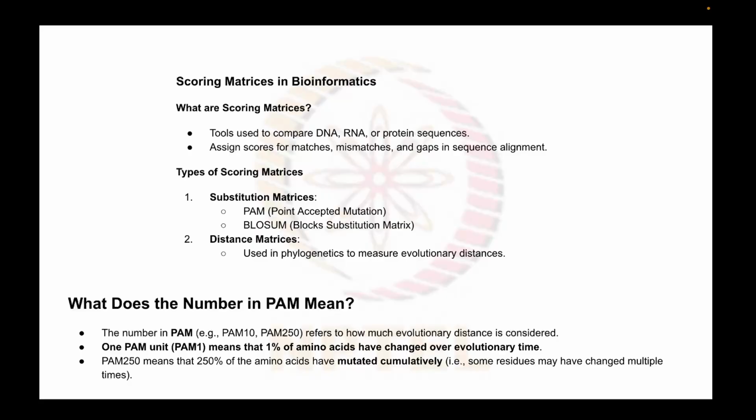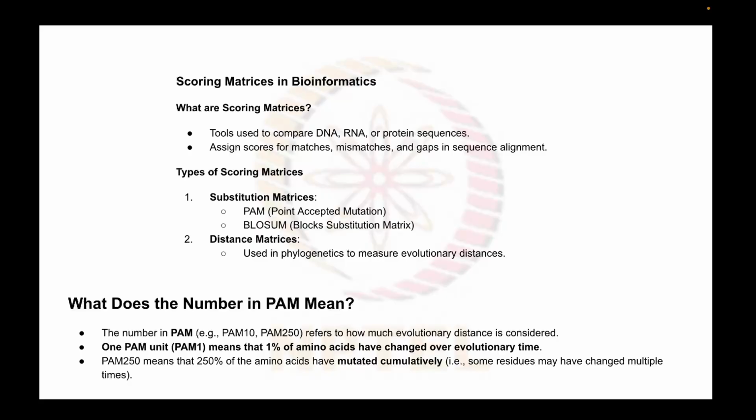Here the PAM number represents evolutionary distance. One PAM unit means 1% of amino acids mutated on average. A higher PAM value corresponds to longer evolutionary divergence. For example, PAM 250 means that on average each amino acid has changed 2.5 times over the evolutionary time.